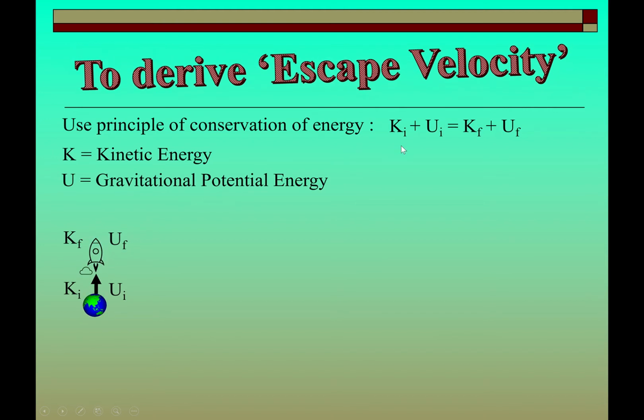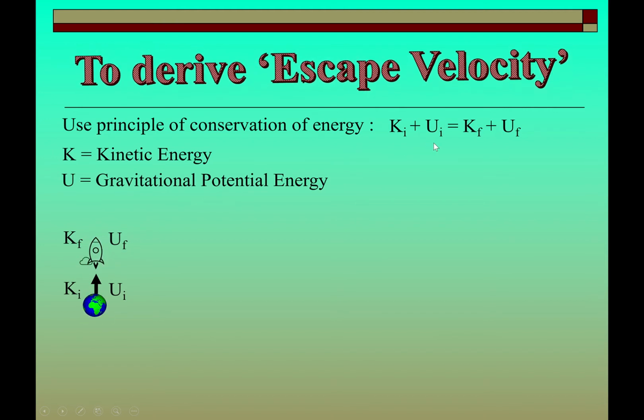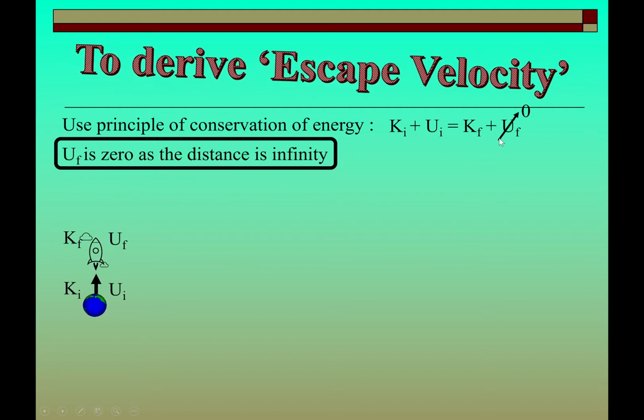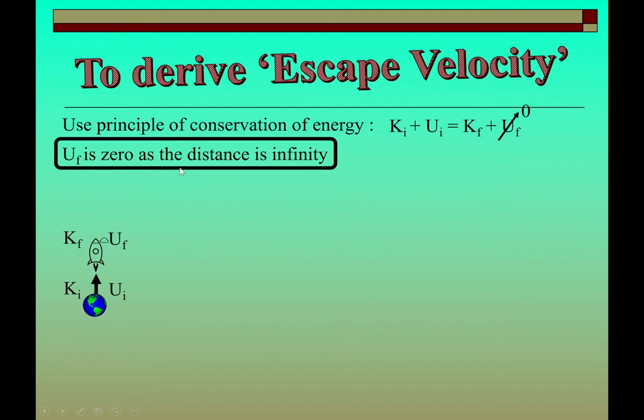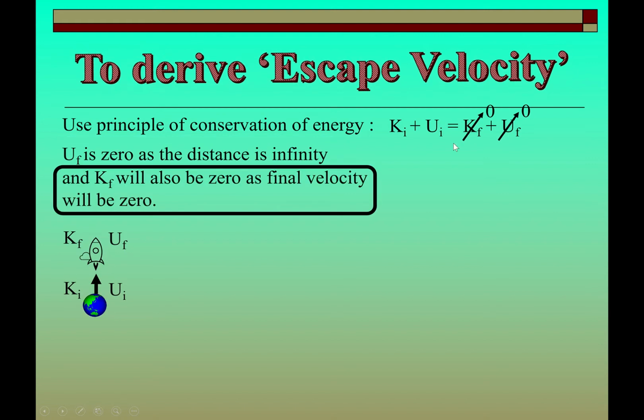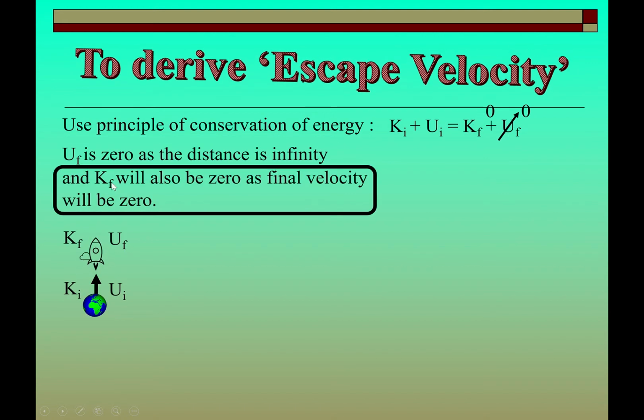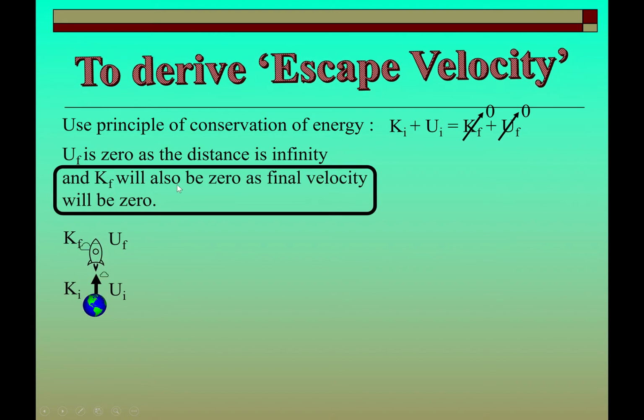So therefore, Ki plus Ui equals Kf plus Uf. Uf, the final gravitational potential energy, is 0 as the distance is infinity. And the final kinetic energy will also be 0 as the final velocity will be 0.